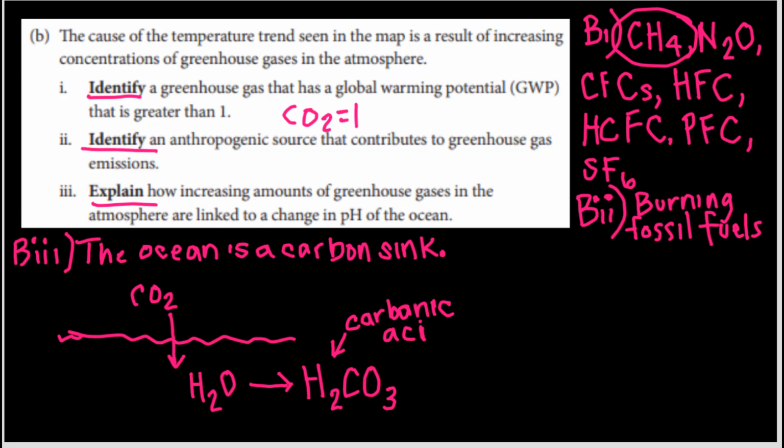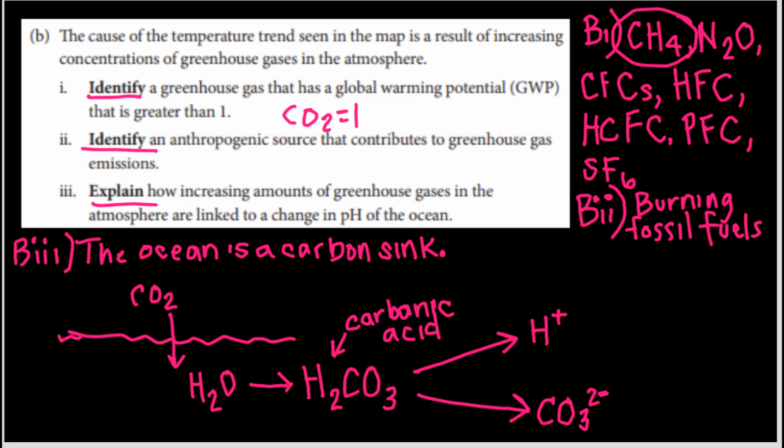Okay, and then when carbonic acid dissolves in water, or in a solution, which is basically the definition of an acid if you've taken chemistry, it separates into H+, which is the ion that means acid, and then carbonate, which is CO3 2-.